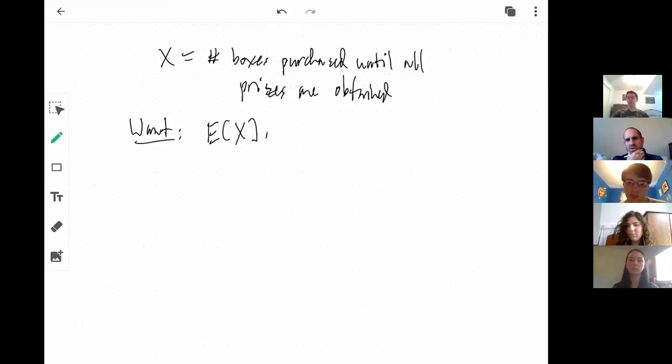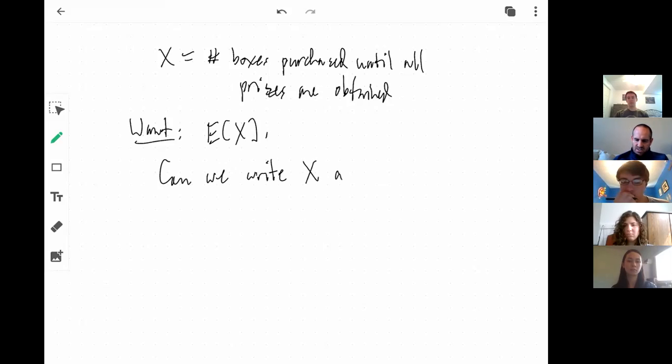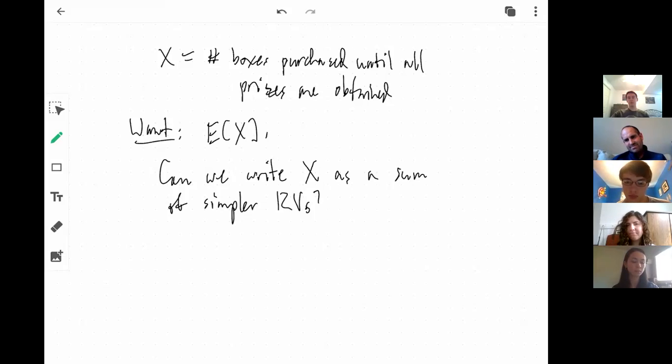Can you think of a way that we could write X as a sum of simpler random variables that might be helpful in this context, that are easier for us to understand? What do you think? Any ideas?